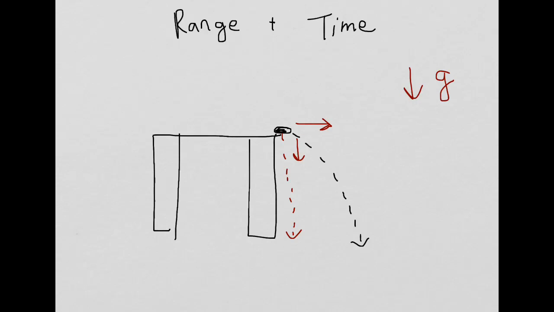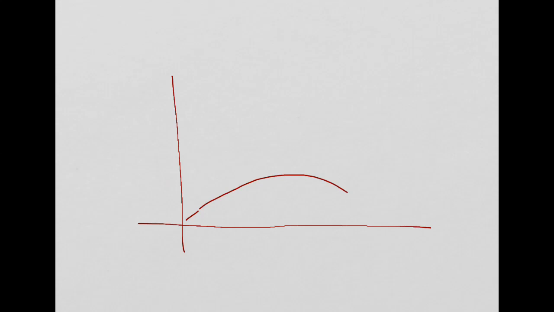Okay, so now switching gears to range, let's say that I kick a ball at an angle of 30 degrees. Okay, so that would be my projection. Let's say I kick it at another angle, say 45 degrees. Let's say I kick it at another angle, 60 degrees.